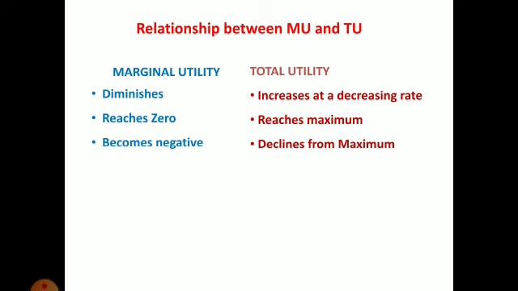Total utility increases at a decreasing rate. When marginal utility reaches zero, what happens to total utility? Total utility reaches maximum. When marginal utility becomes negative, total utility begins to decline from the maximum point. This is the relationship that we see between marginal utility and total utility.